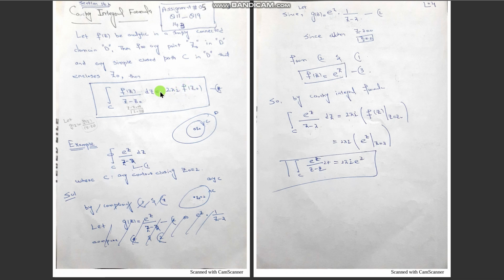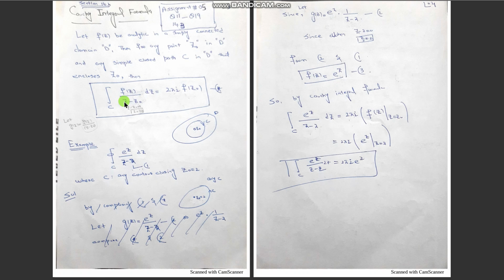f of z0 means the function f of z, which is in the numerator: all the terms without z minus z naught are actually your f of z. Just plug the singularity z naught into the function. So 2 pi iota f of z naught is the integration of this type of function.